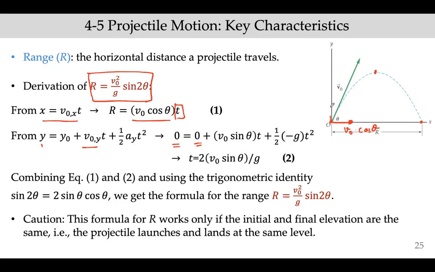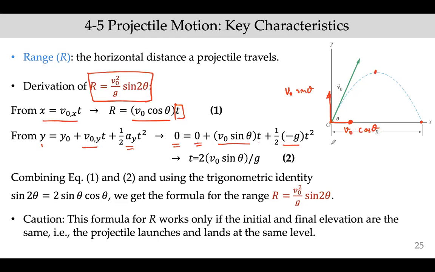I have to calculate it from v0 times sine theta. I'm going to multiply it by t, and for the acceleration in the y direction, I will use negative g, which is negative 9.8, times t squared. So these parts are 0, so you can easily solve this.